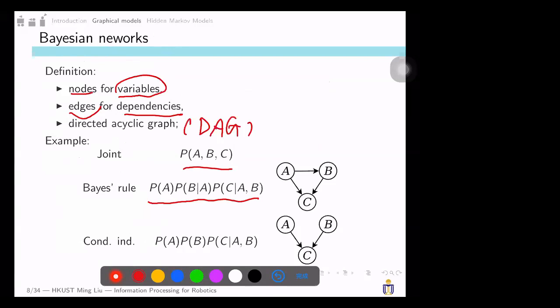And when you draw the graph, it looks like the one on the right. So you have PA is a parent without any condition, you get a PA. And B depends on A, so given A, you have an arrow from A to B. And C depends on A and B, so you have an arrow from AB to C.